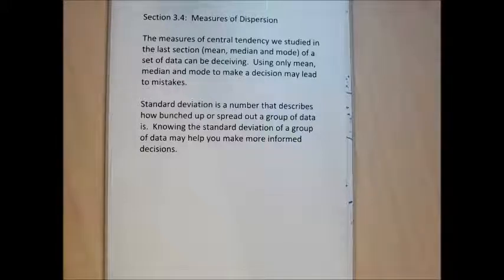So in section 3.3, which is the last section, we studied averages: mean, median, mode, and mid-range. And in this section, we're going to talk about how spread out the data is, or how spread out the numbers are that made up the mean, median, and mode.